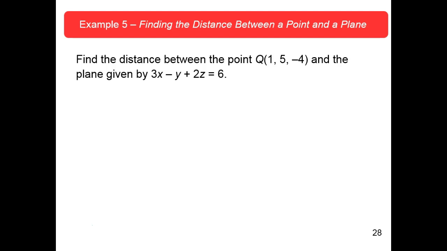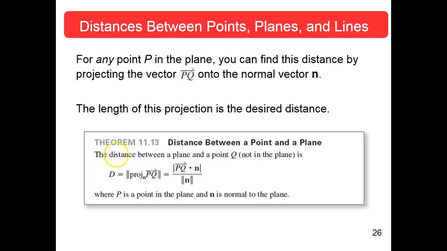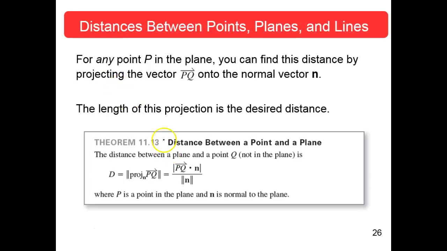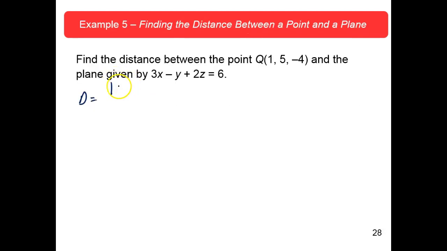Now, keep in mind, here's what you're gunning for. This thing right here. You're finding that distance, there's the formula. So let's go back and just write that down. That distance is equal to the magnitude of your PQ dot N, that vector PQ, dotted with N, divided by the magnitude of N. That's all you have to do.